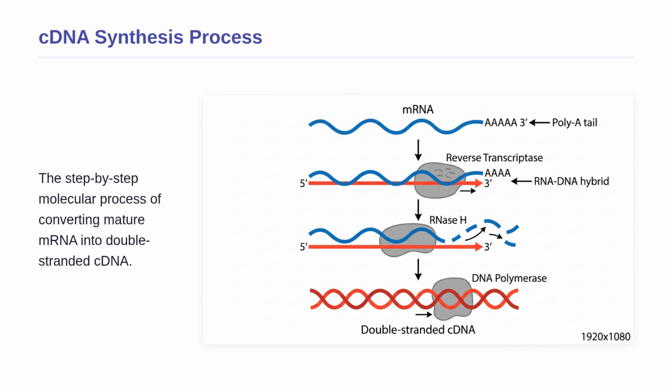In the next step, an enzyme called RNase H degrades the original blue RNA strand, as it is no longer needed. Finally, at the bottom, DNA polymerase steps in to synthesize the second DNA strand. The result is a stable, double-stranded cDNA molecule, completely free of introns and ready to be inserted into a bacterial host.